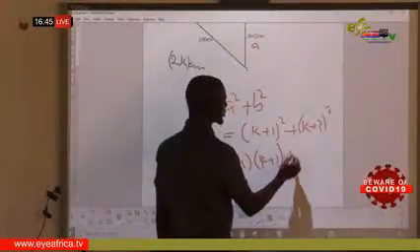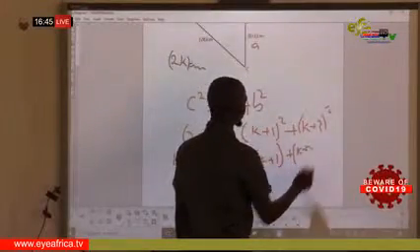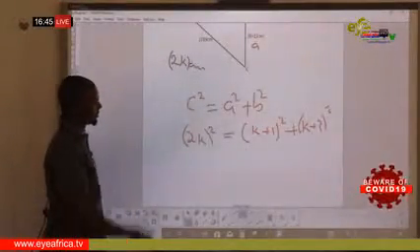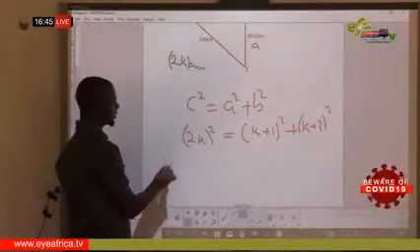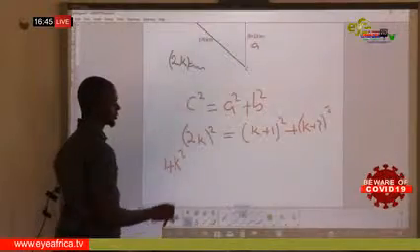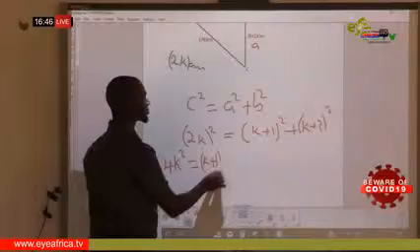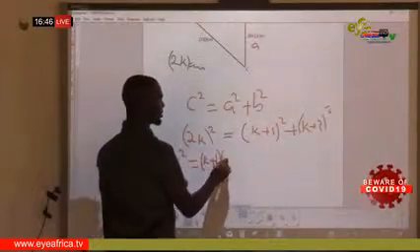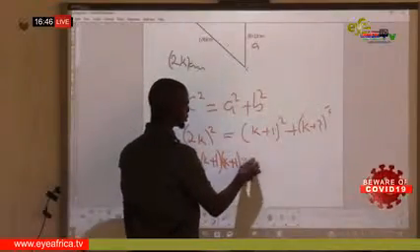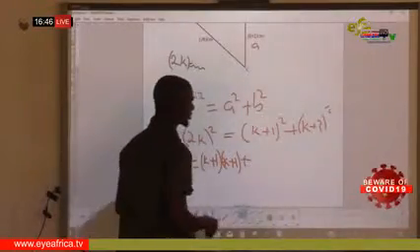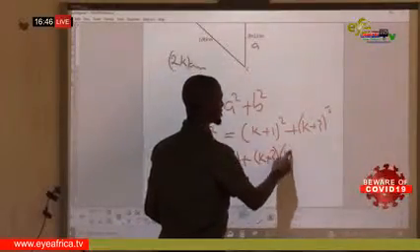Then plus k plus 3. So we expand this. 2k whole square is going to be 4k square. This is equals to k plus 1 times k plus 1, because it is squared, you multiply it by itself. Then plus, this one is going to give us k plus 3 times k plus 3.